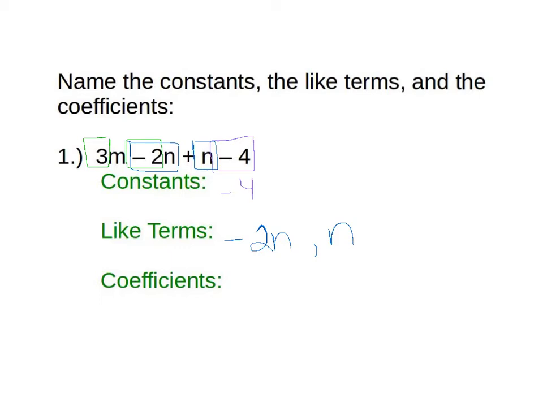And in our third term, positive n, there is no coefficient labeled here, but 1 times n is n, so our coefficient is just 1. Our 3 coefficients in our expression are 3, negative 2, and 1. Pause the movie now so you can copy down this example problem into your notes.